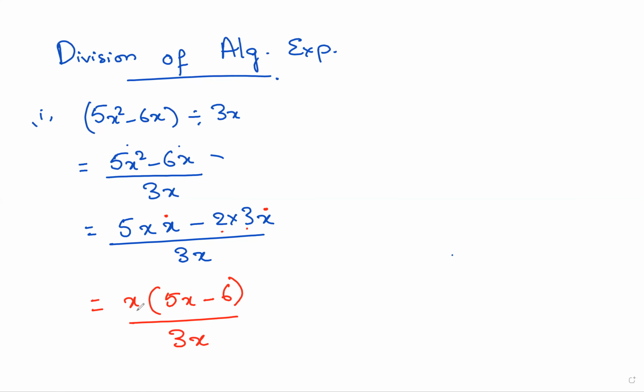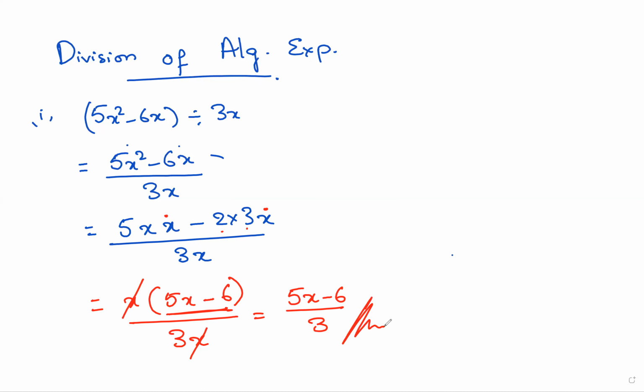Now x is in multiplication with 5x minus 6. So therefore, can I divide x and x? x divided by x is 1. So therefore, what is left out? 5x minus 6 divided by 3.